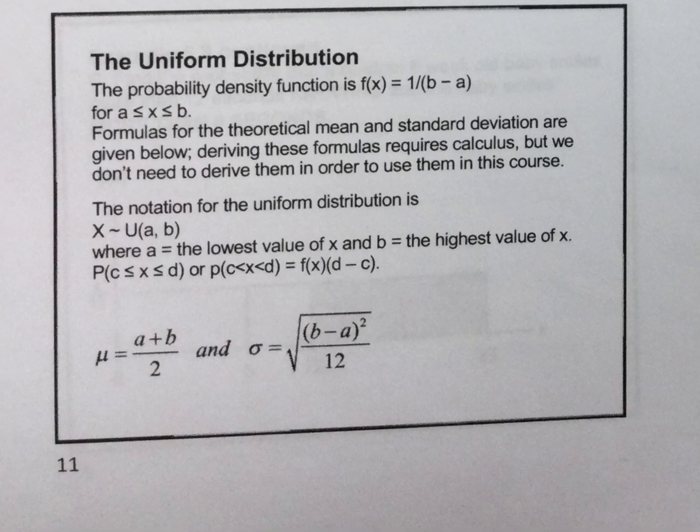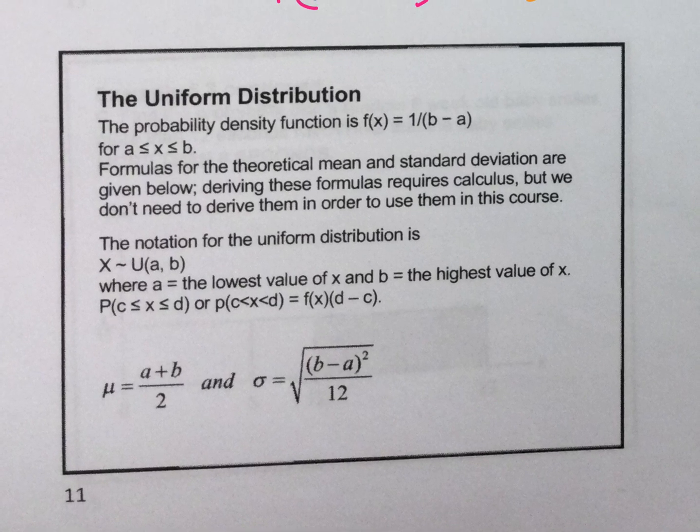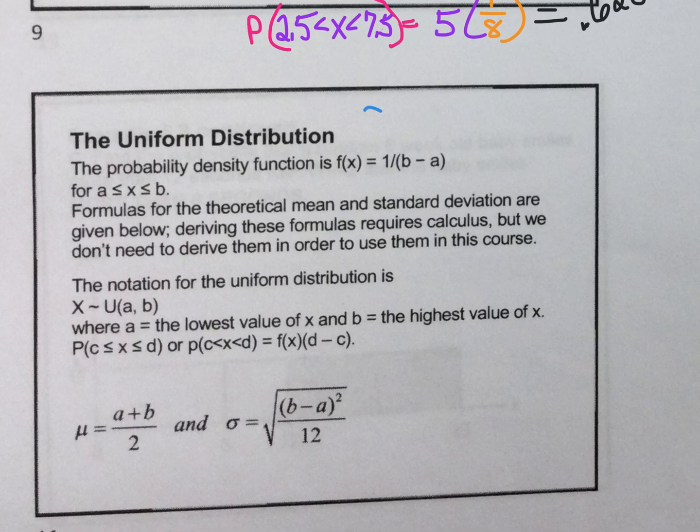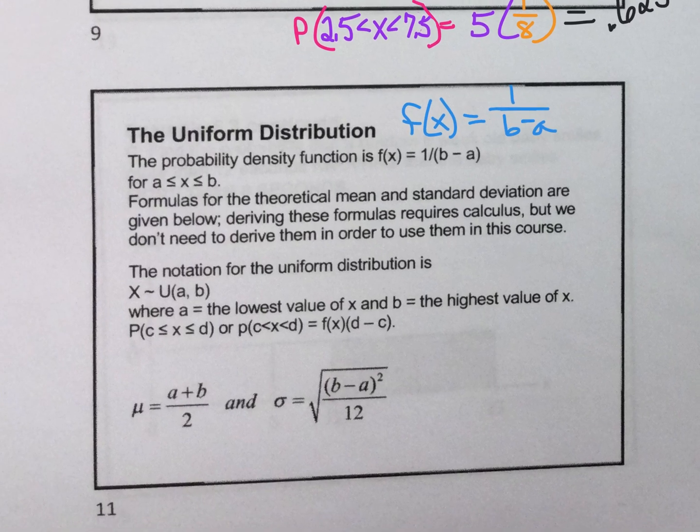So here we have the probability density function is f of x equals 1 over B minus A. So let's write it. F of x equals 1 over B minus A, for x being between A and B.